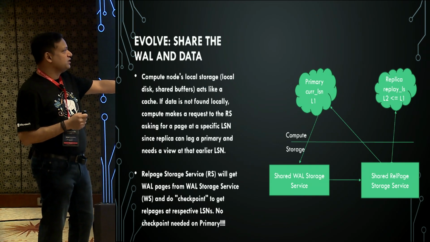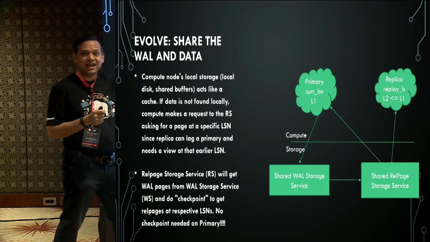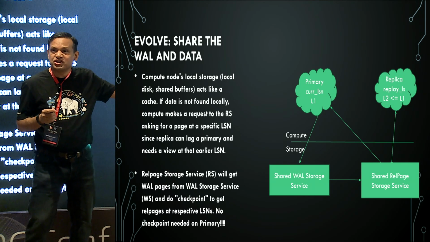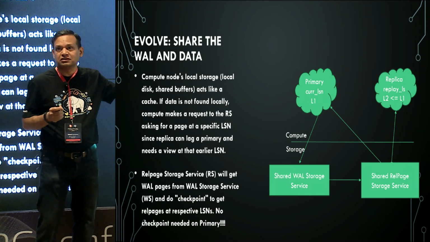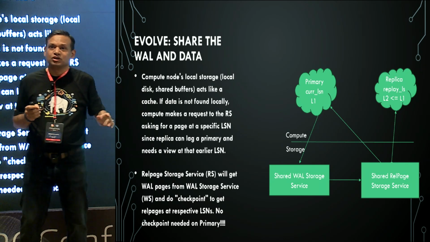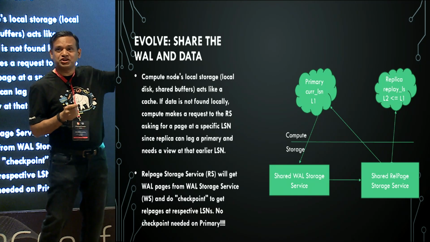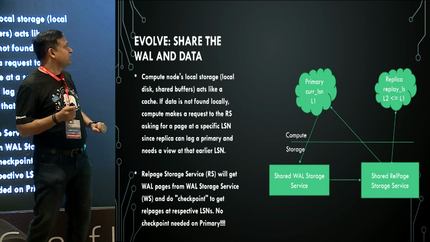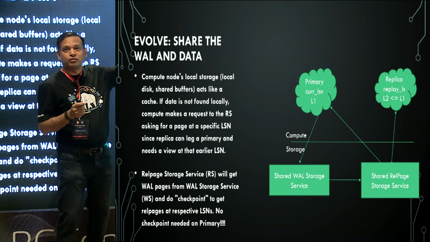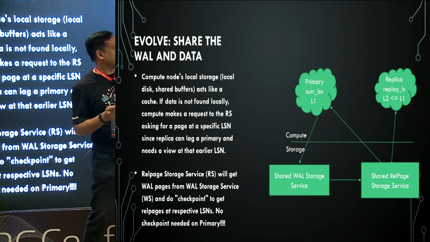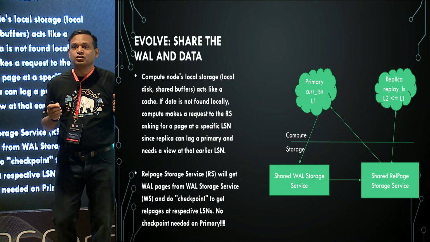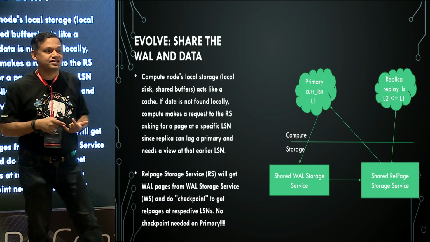Drilling down further now, can we just have one image of the relation page in this rel page server? I don't think so, because we still have the situation where, let's say the primary is running, has generated wall up to LSN L1, and replica has a lag, right? So it's running at an LSN which is less than L1.